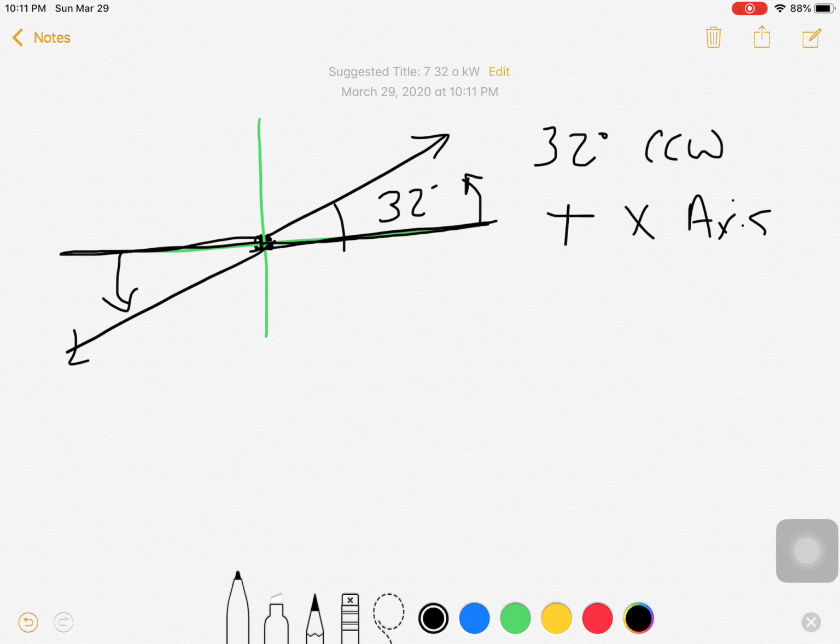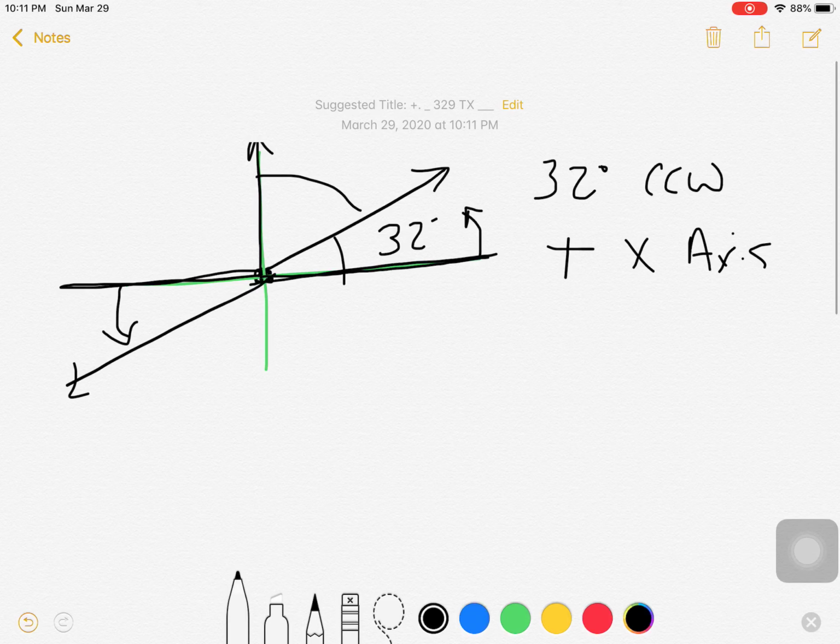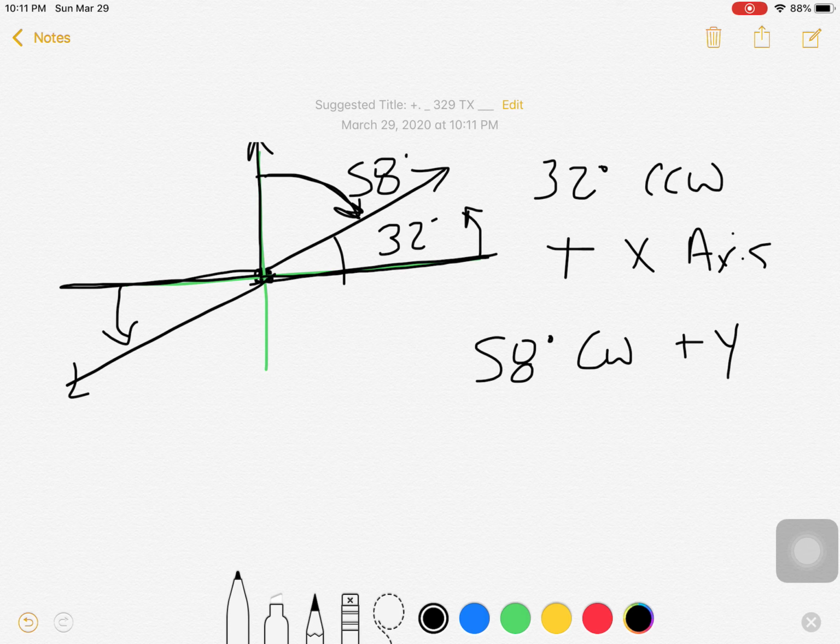Now, could you also say that instead of measuring from the x-axis, we measure from the positive y-axis, and instead say that this is 58 degrees from the positive y-axis? And it's true, we could. So you also could say that's 58 degrees, and we're going clockwise now, clockwise from the positive y-axis.